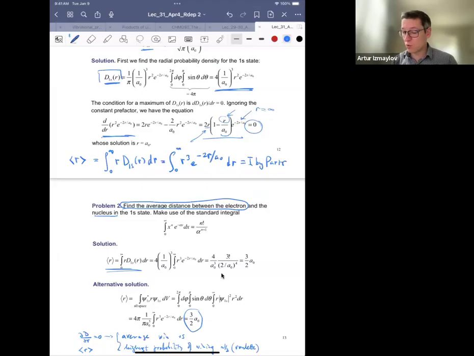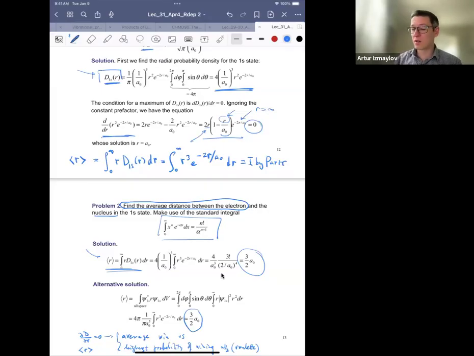And so this is a solution. Effectively, we look at this average and integrate the expression. There is a known integral that you can use, and it's 3/2 of the Bohr radius, not the Bohr radius, but 3/2 of the Bohr radius. So those two things, the maximum of the D and the expected r, are different. So don't confuse them. The language is important.